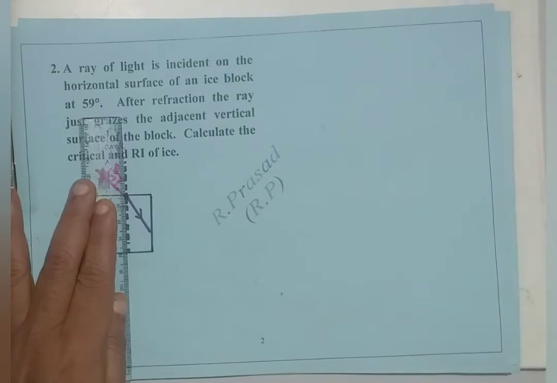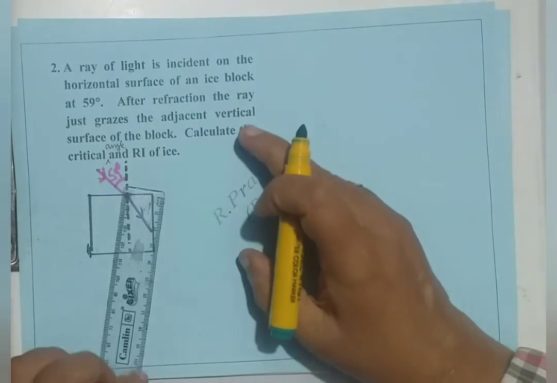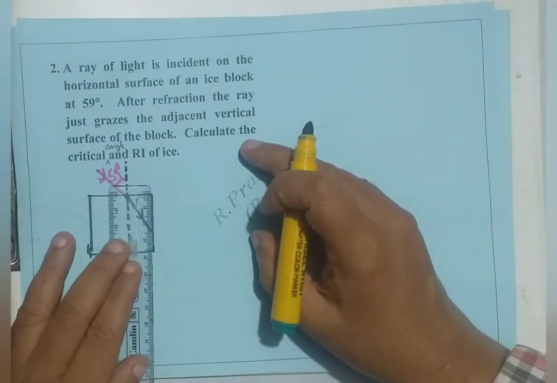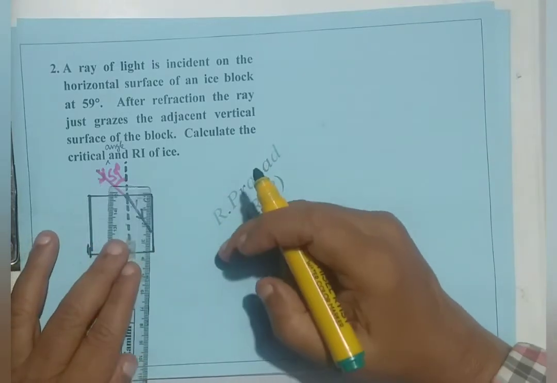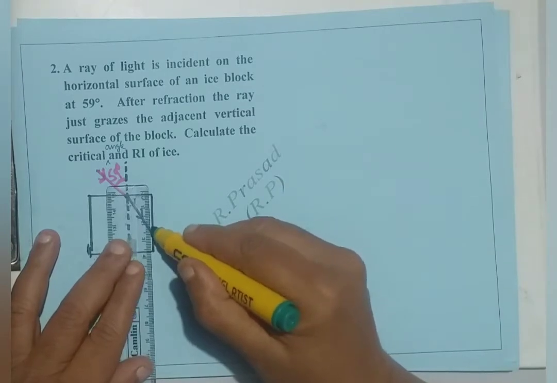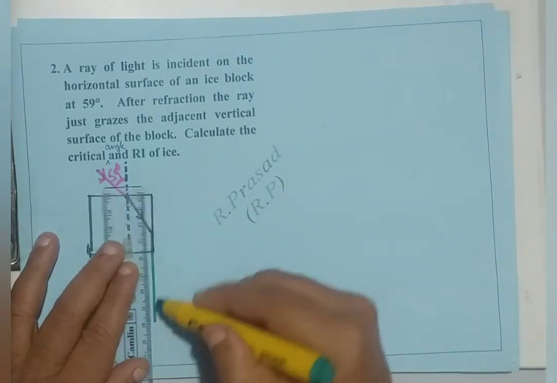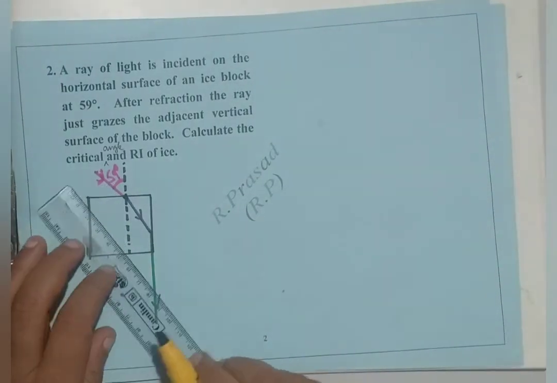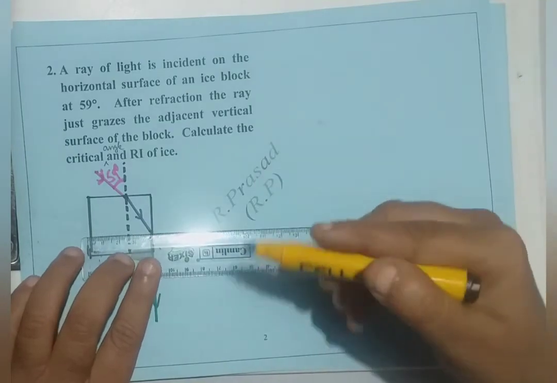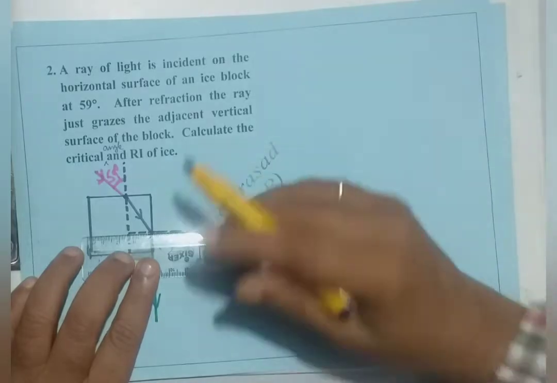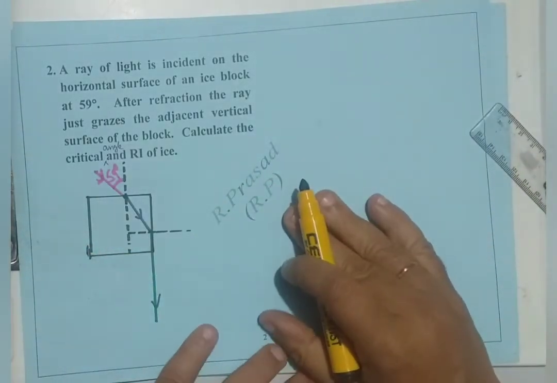Then it is given that after refraction, the ray just grazes the adjacent vertical surface. This is the adjacent vertical surface. It grazes like this. Grazes means it moves along the surface like this. Here also we draw a normal. So this is the normal. This is the figure they have given.